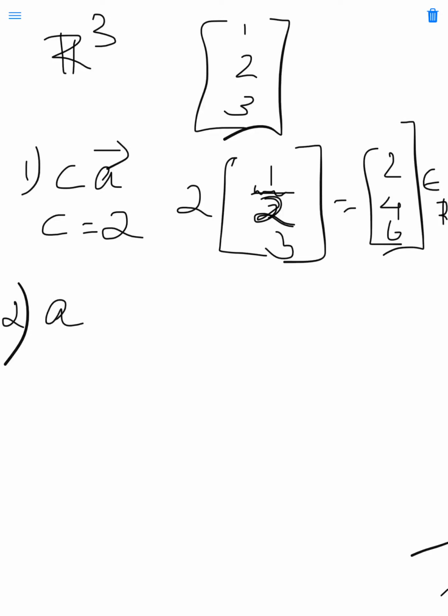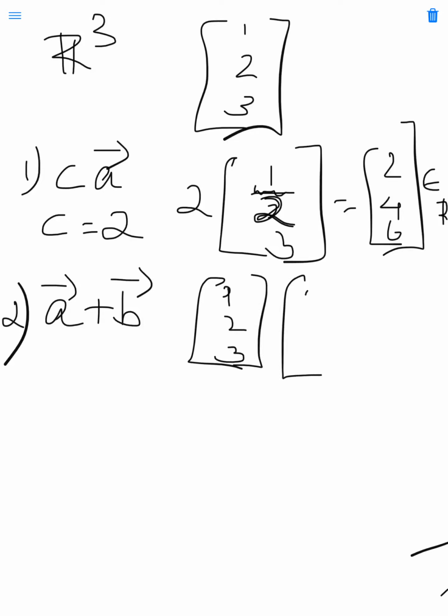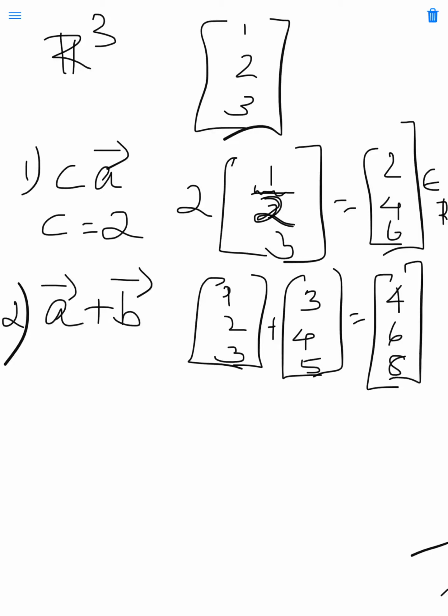So you need to take two vectors, A and B, for example 1, 2, 3 and 3, 4, 5. Perform the addition. What will you get? Again, you will get the result 4, 6 and 8, which belongs to the real vectors.